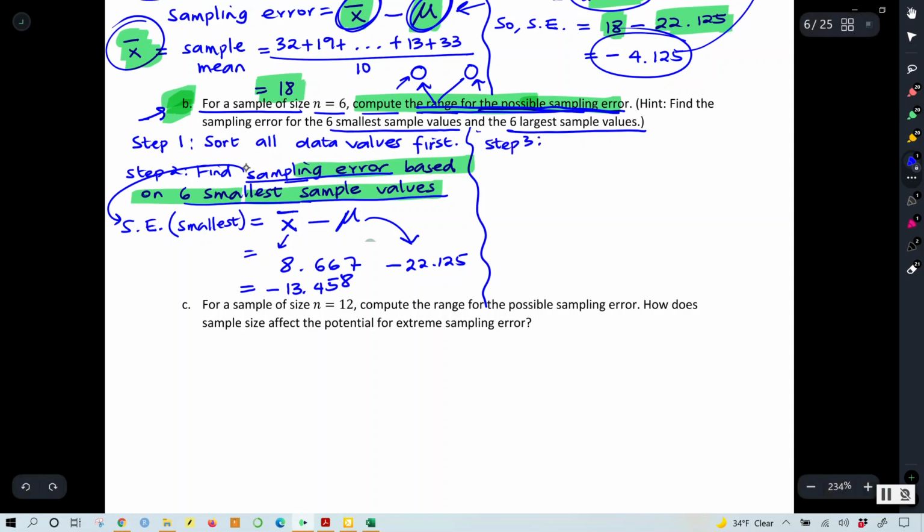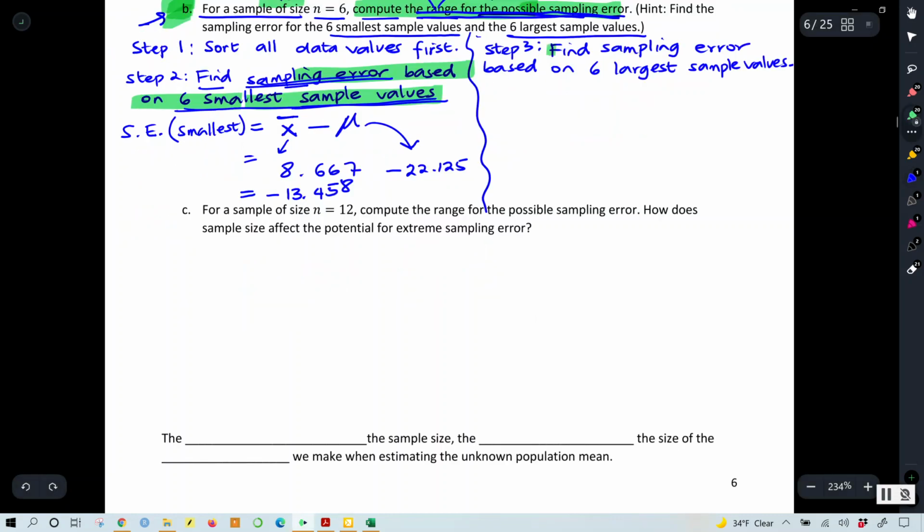Then we continue to step 3. In the same manner, we found the sampling error based on the 6 smallest sample values. In step 3, we're going to find the sampling error based on the 6 largest sample values. That will be the sample mean of the 6 largest values minus the overall population mean. Again, I'll go back to Excel.